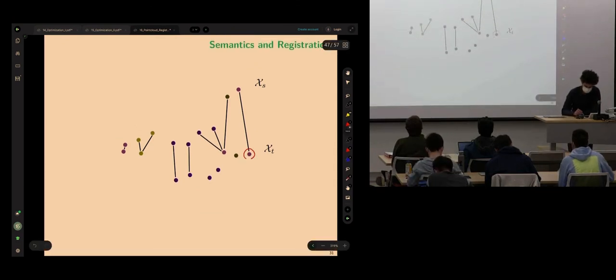So you see points with similar color, there's no ambiguity. These two should not be matched, right? Because they don't have the same label.